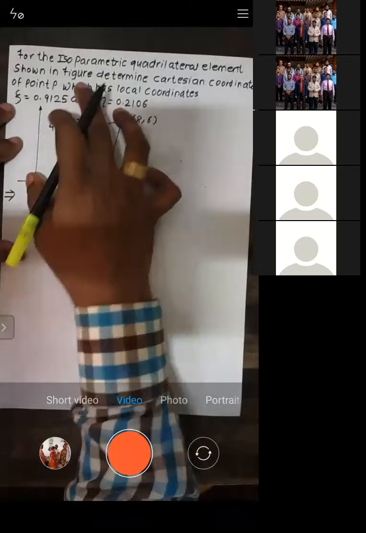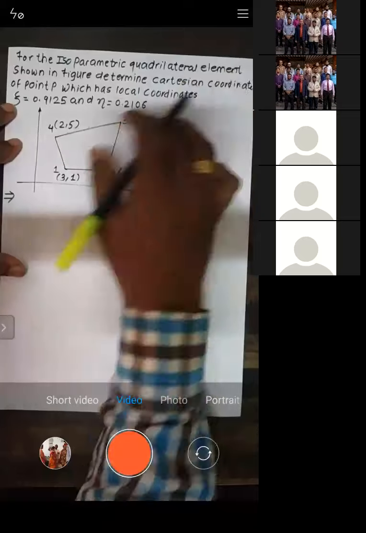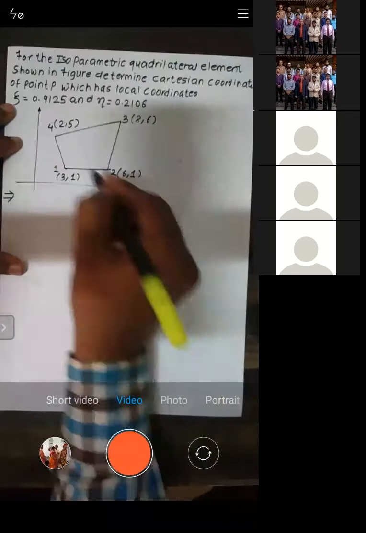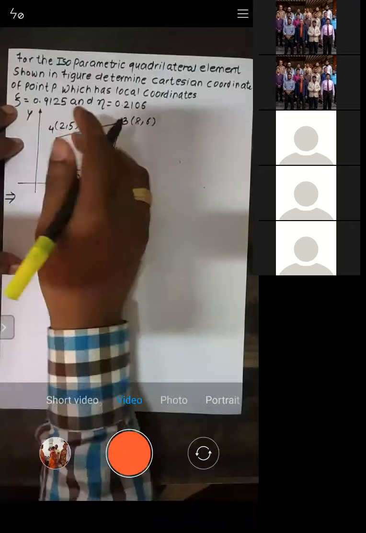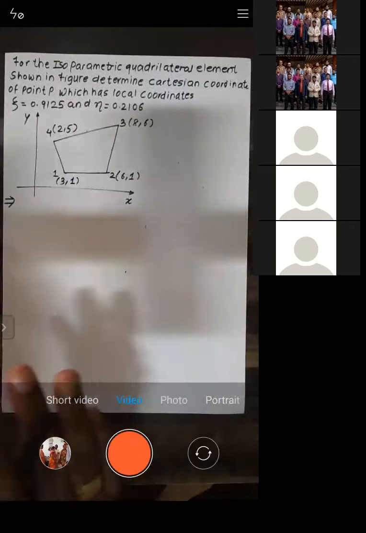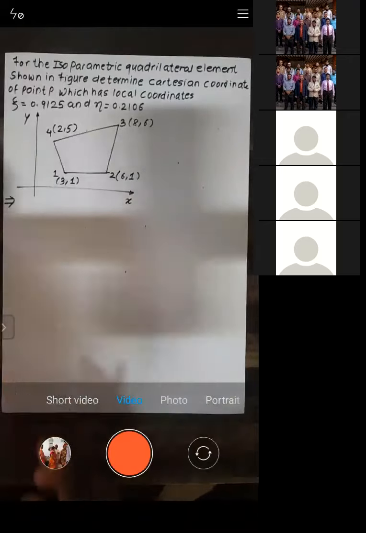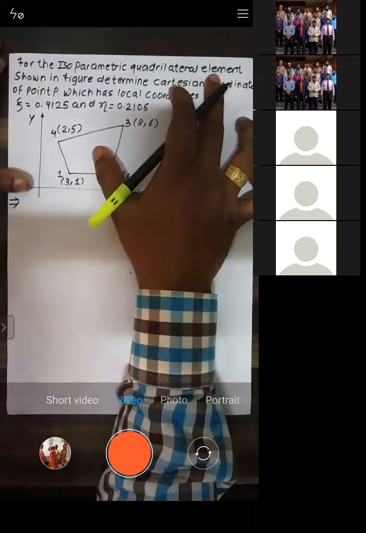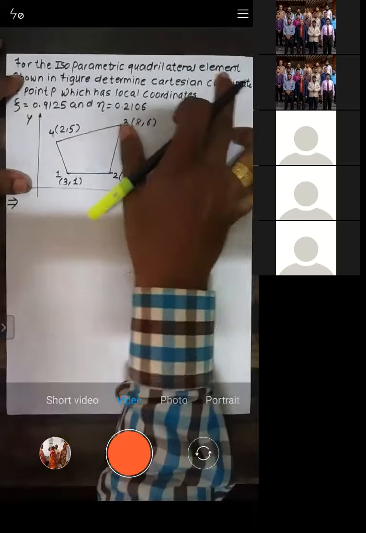For the isoparametric quadrilateral element, this is basically a quadrilateral element, for which they have given the diagram in x and y coordinates. But see, the problem of the quadrilateral element we are going to solve in natural coordinates. So for the quadrilateral element shown in the figure, determine the Cartesian coordinates of point P.